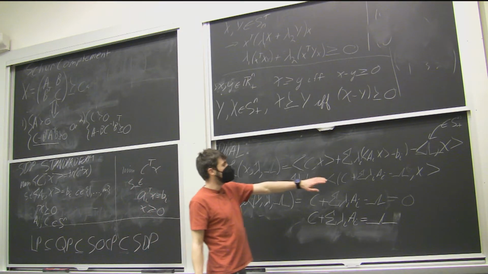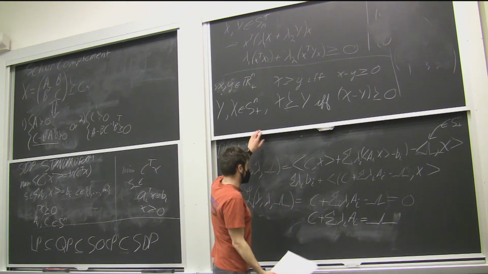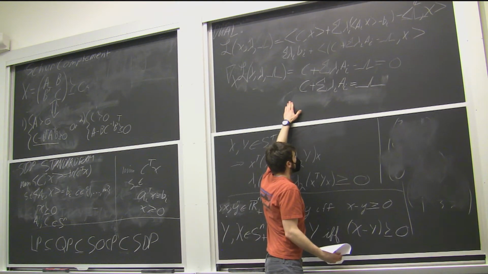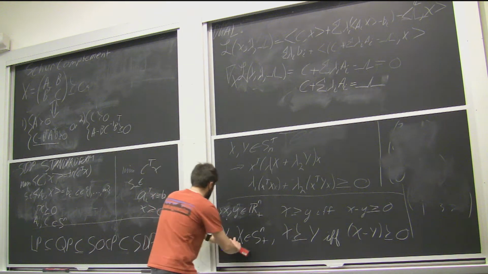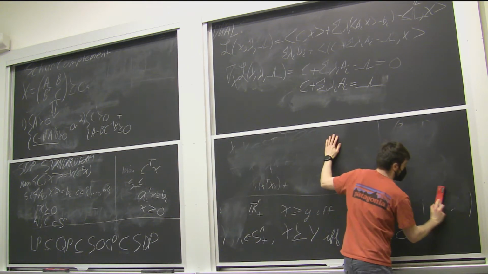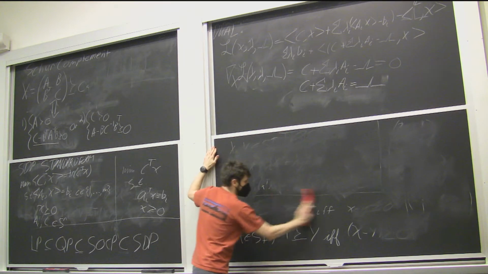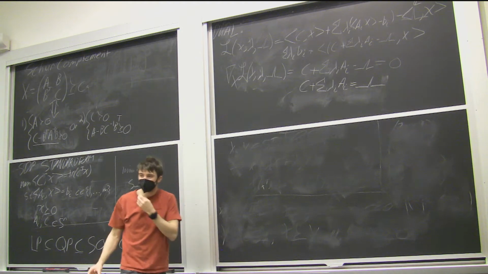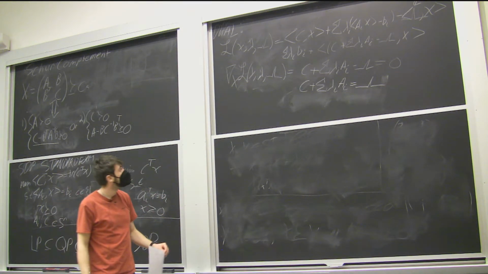And since I know that this is going to be 0, I then get immediately, so what's the objective of my dual function?